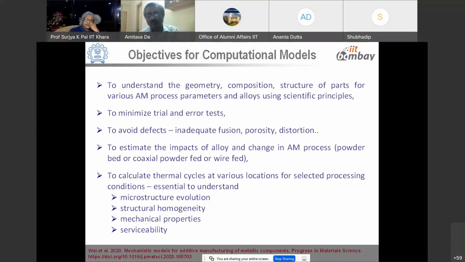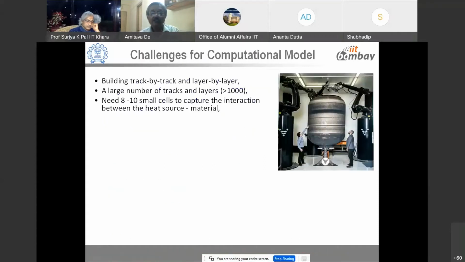We need to know them, because if we know them correctly, it will tell us how the microstructure or the structure will evolve, what would be the homogeneity of the structure. We can correlate those with the mechanical properties, and then at the end we can also provide a good reliable estimate of the serviceability of the part. This is perhaps the basic beginning.